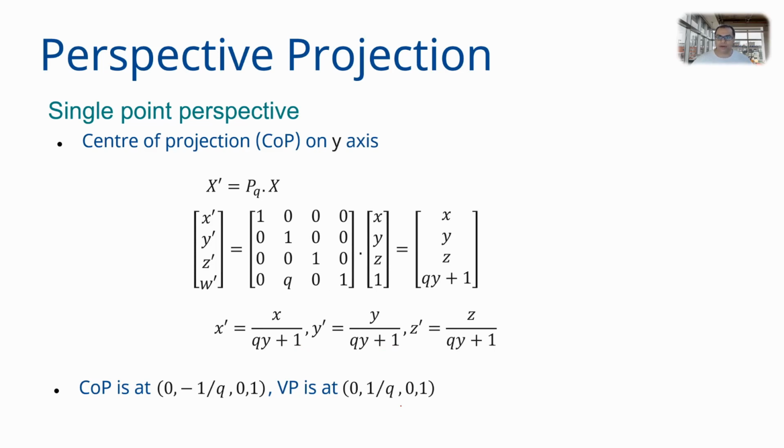Similarly, you can have a single point perspective by putting the center of projection on the y-axis and having this Q here instead of P or R. So depending upon which axis your center of projection is on, you can have different single point perspectives, and they result in their corresponding axial vanishing points.